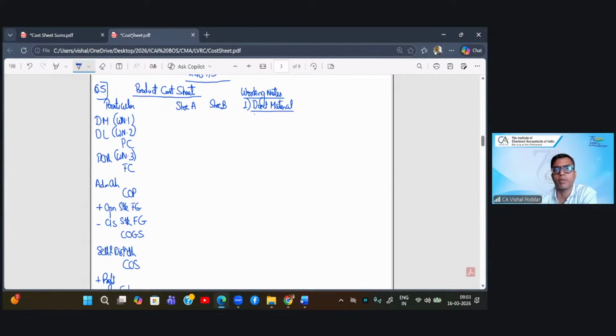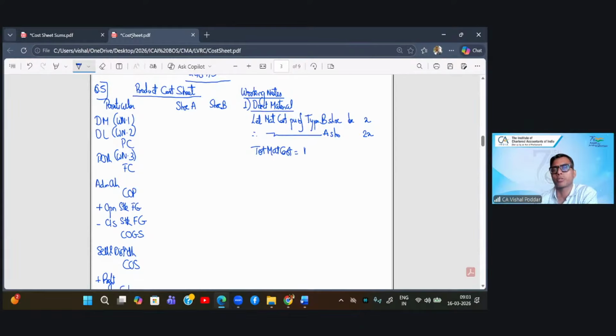So let us start with our equation. Let the material cost per unit of type B be x. Therefore, the material cost of type A shoe will be how much? It is double, so it will be 2x. Now, what is our equation?